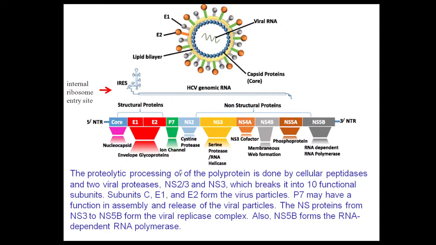C stands for core. P7 may have a function in assembly. It is not shown, it is found here. Then non-structural proteins from NS3 to NS5B form the viral replicase complex and are important in viral genome replication. NS5B usually forms the RNA-dependent RNA polymerase that is responsible for viral genome replication.